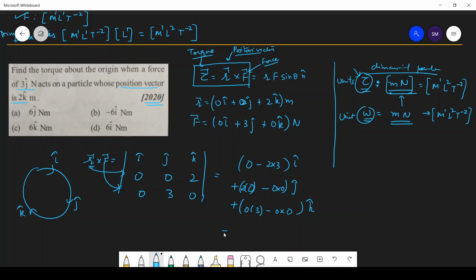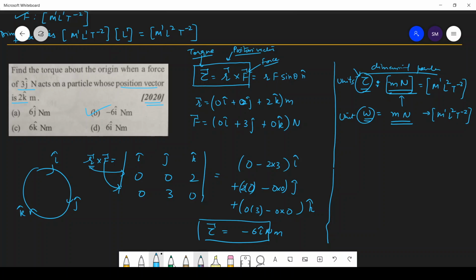So you are left with only minus 6 i cap. So that's your torque. Torque is equal to minus 6 i cap. And what are the units? Newton meter. Okay. So which one is the correct option? B. So you can see how easy this question is.